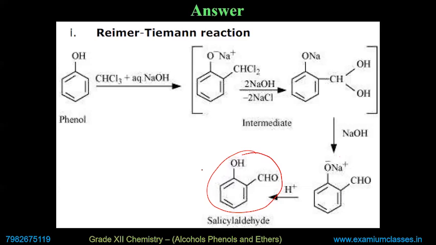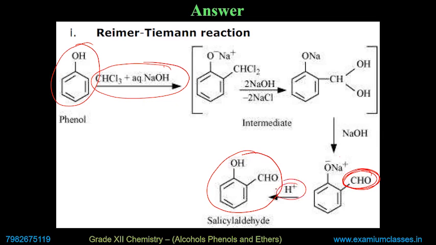Okay, intermediate parts you may skip, but at least these parts are very important. You use phenol in first step, CHCl3 and aqueous NaOH actually introduce carbon. Second step, you get phenol group, OH group.